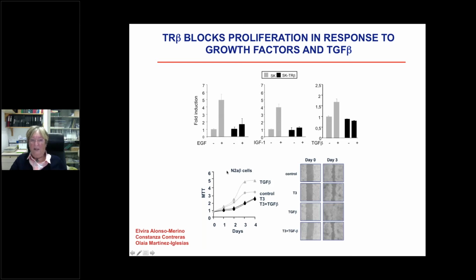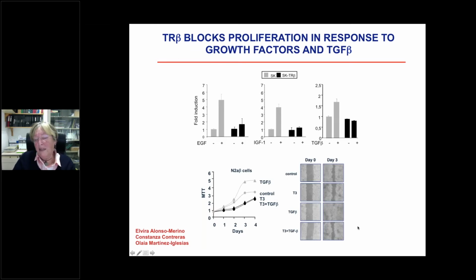This also occurs in other cell types, for instance, neuroblastoma cells that proliferate in response to TGF-beta, and T3 is able to repress this TGF-beta dependent proliferation, and also to inhibit in wound healing assays the TGF-beta induced migration of the cells.